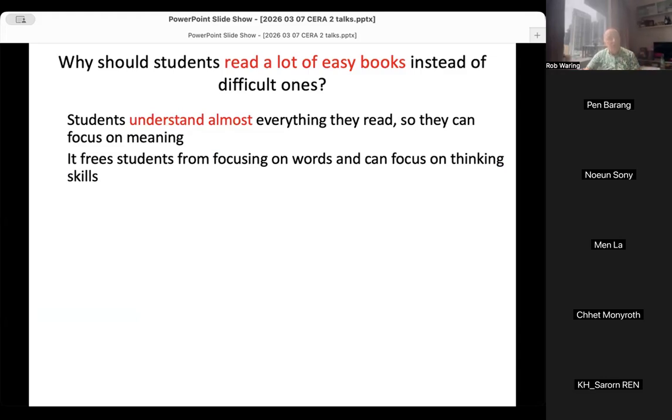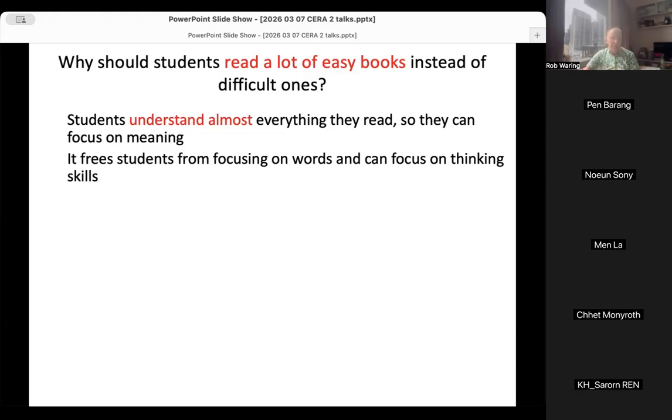So, what's the benefit of reading a lot of easy books? Well, the benefit is that students understand almost everything that they are reading. Therefore, their focus is different. Instead of the focus being on what the words are, what the grammar is, they're actually focused on the meaning of the text itself. And we know that language is all about meaning.